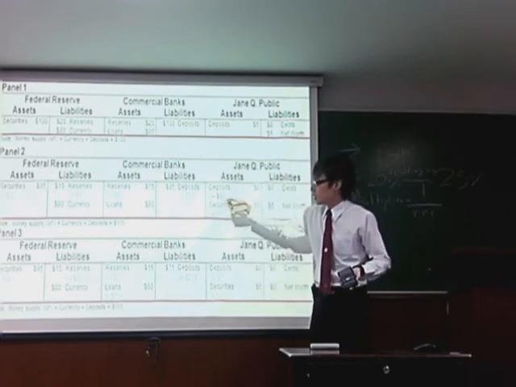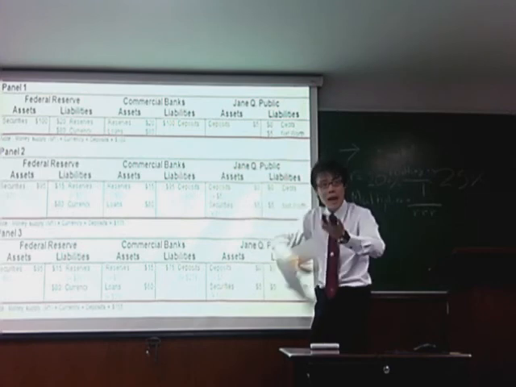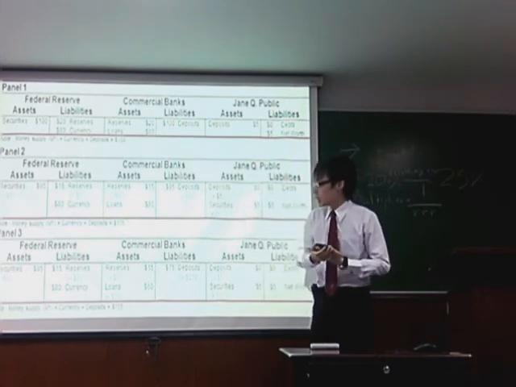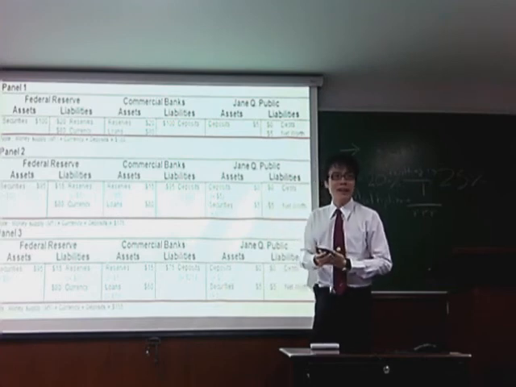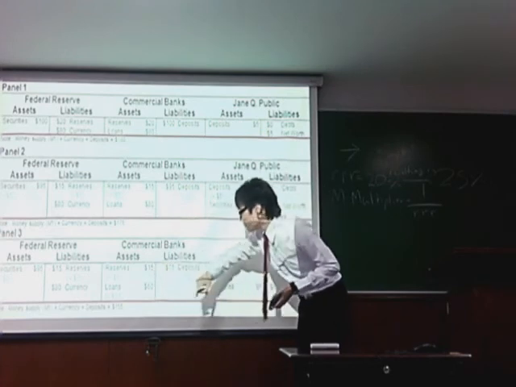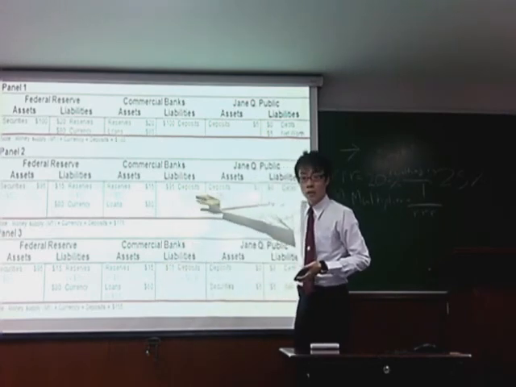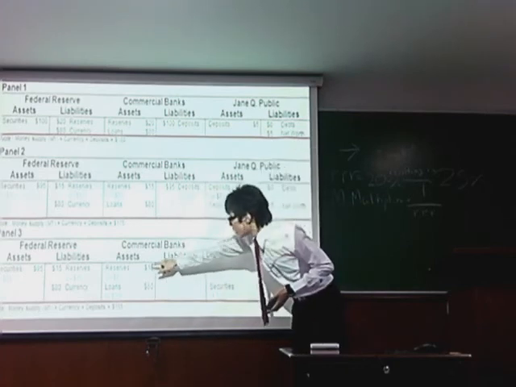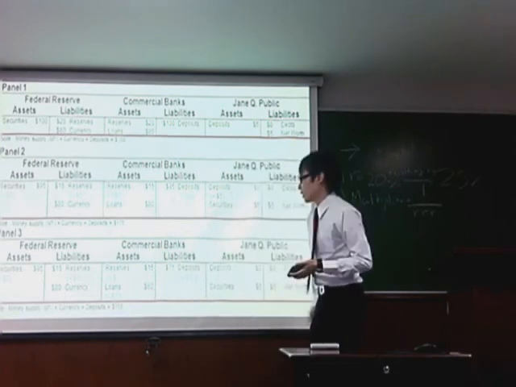To do this, the commercial banks would have to reduce their loans or call back their loans. Okay? They would have to do that, and that would have the effect of reducing the money supply in the end. Here's what happens. The commercial banks, to satisfy the required reserve ratio, reduce loans by $20 billion, from 80 to 60.